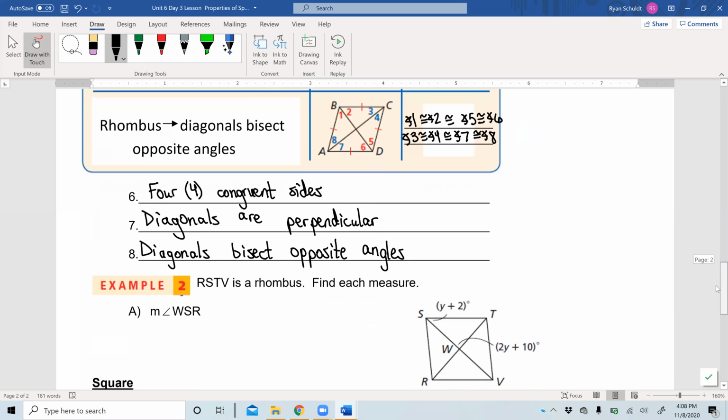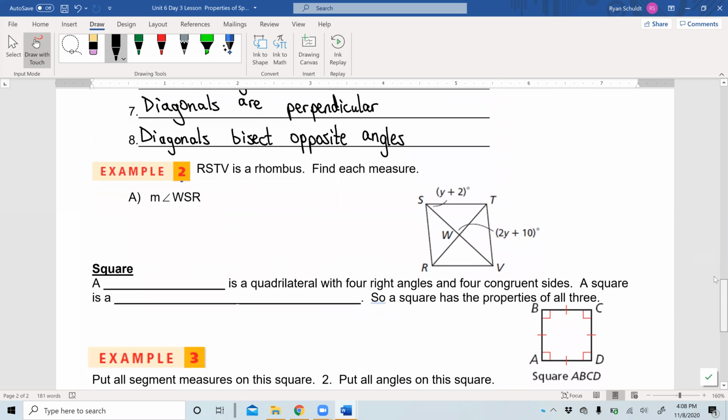So let's take these and work an example. They ask us to find the measure of angle WSR. So that's actually this angle right here. And we can get that by getting y plus 2.